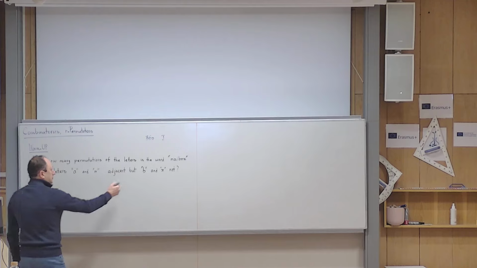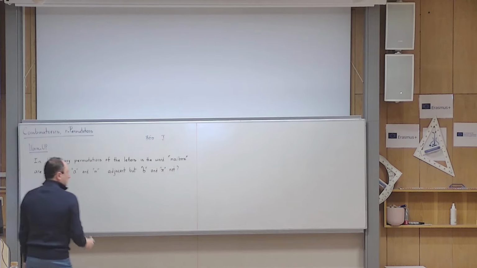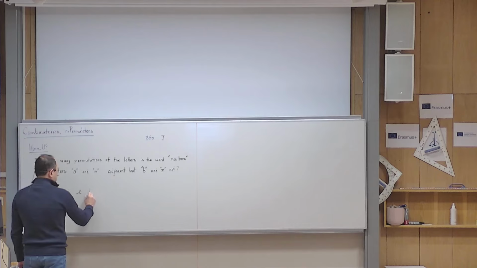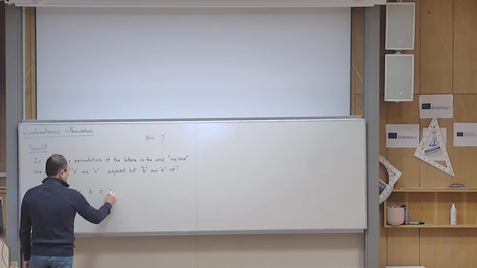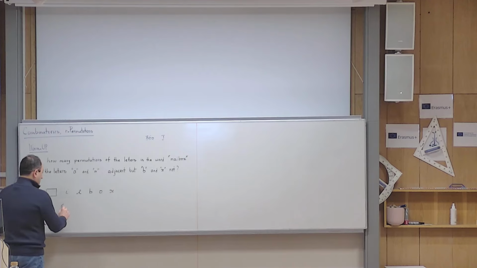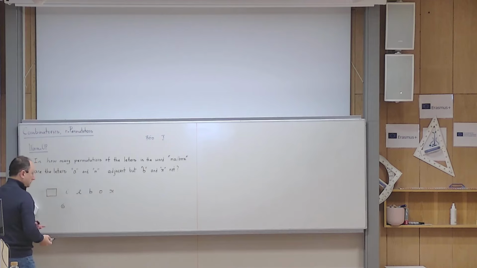And then when I take M and A out, there are other letters left for me: I, L, B, O, X. So how many objects do I have in total? 1, 2, 3, 4, 5, 6. So I can arrange them. Stage number 1 is to arrange them in any way that I like. So it becomes 6 factorial.